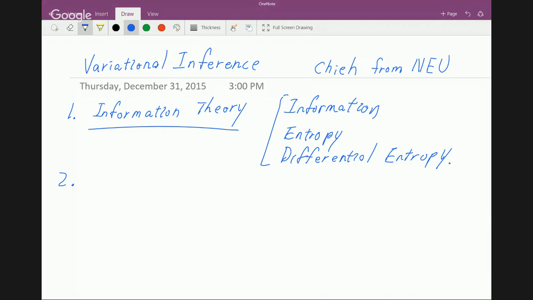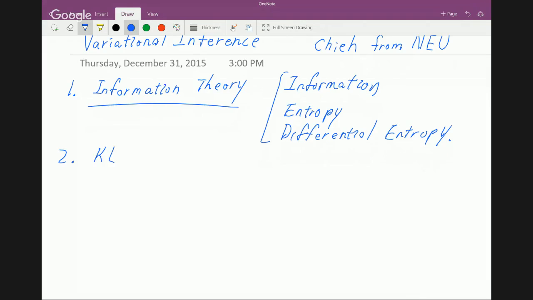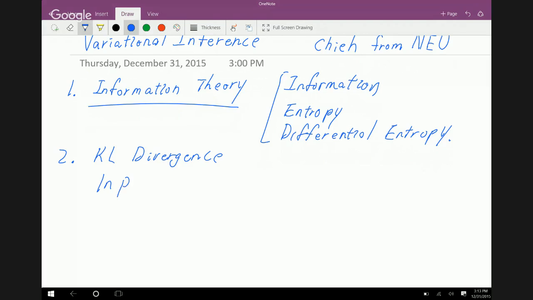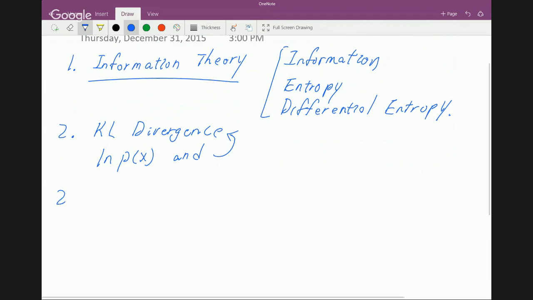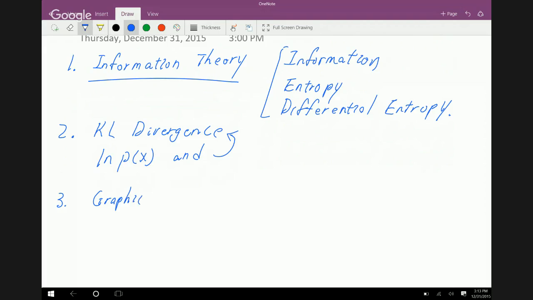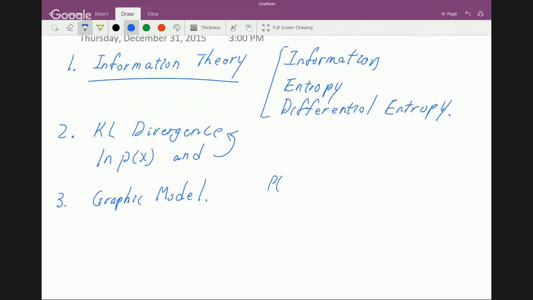After information theory, I will go over KL divergence, its derivation, as well as how KL divergence is related to the log of the probability of x. After that, I'll do a little motivation lecture on graphical models, where we will talk about how it's very easy to get the joint distribution.